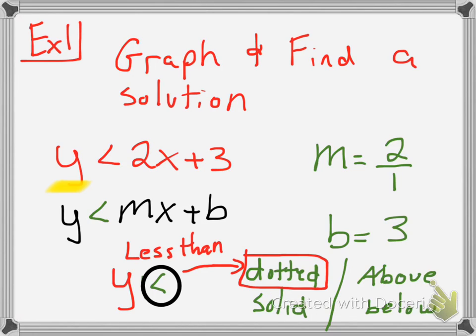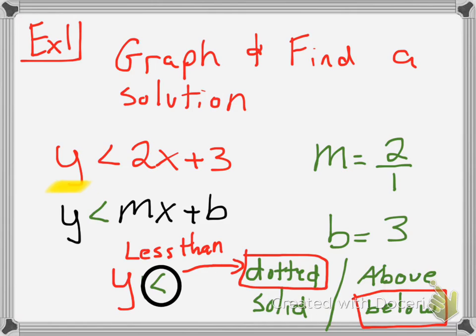If it's less than, sorry, I had the bell ring. If it's less than, we're going to shade below. So when I graph this, I need a dotted line and it needs to be shaded below.